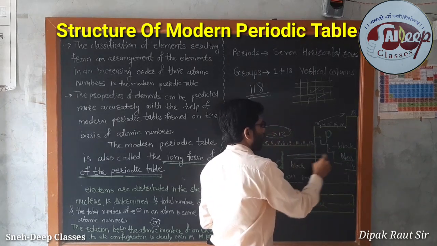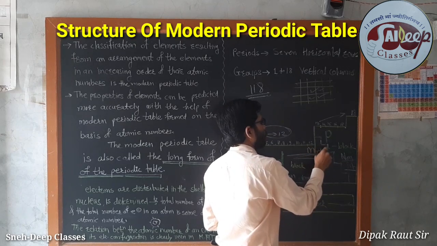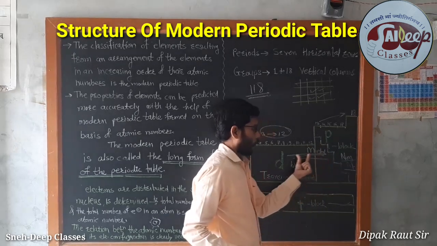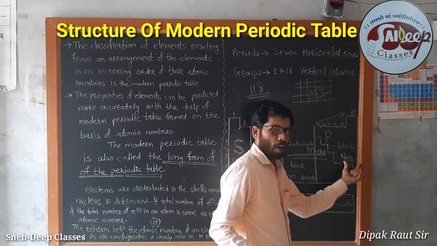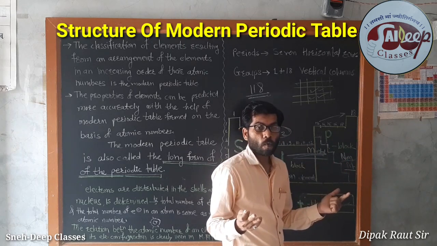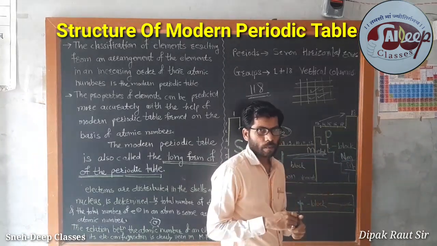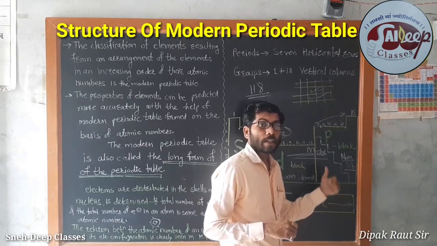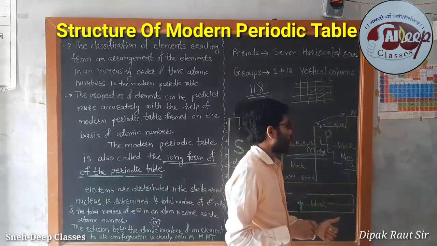Here is total metal. Left side metal, right side non-metal. Now, one question. Left side metal, right side non-metal.